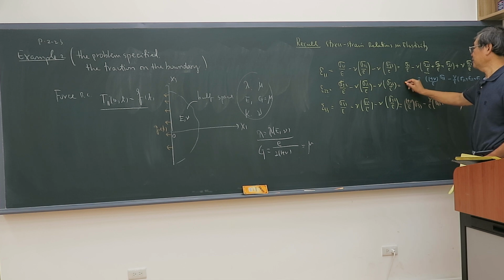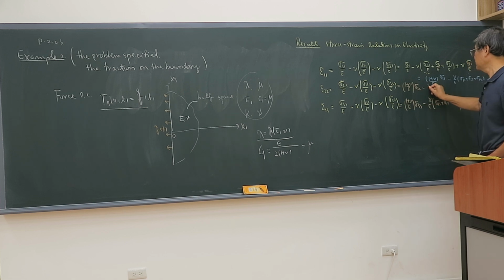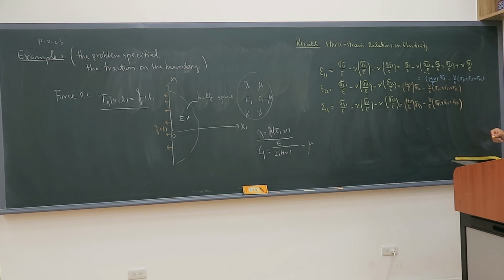And this one can be written as 1 plus nu over E sigma 22 minus nu over E times (sigma 11 plus sigma 22 plus sigma 33). Right?